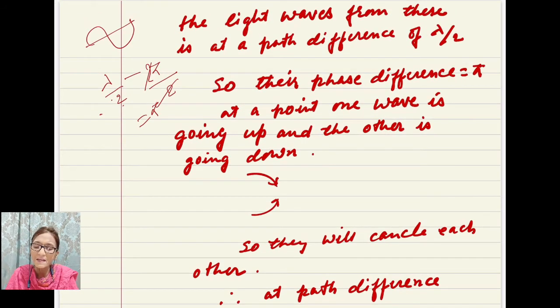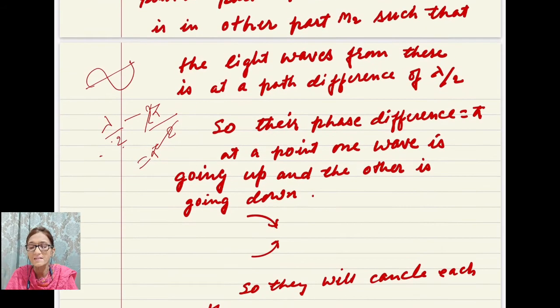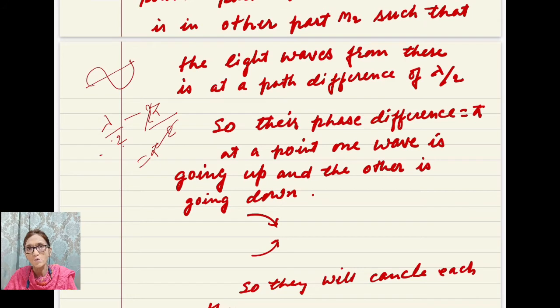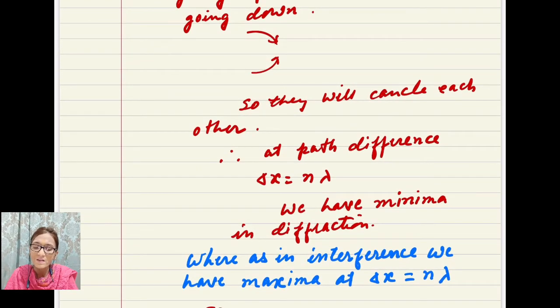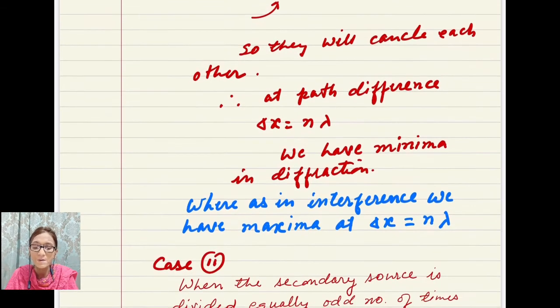So there will be minima for each such interference, for each such superposition of two rays coming from every M1 and their corresponding M2. They will cancel each other, there will be minima.